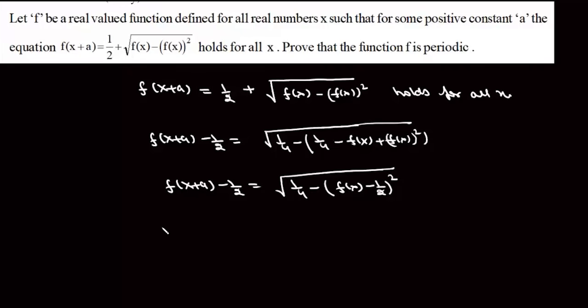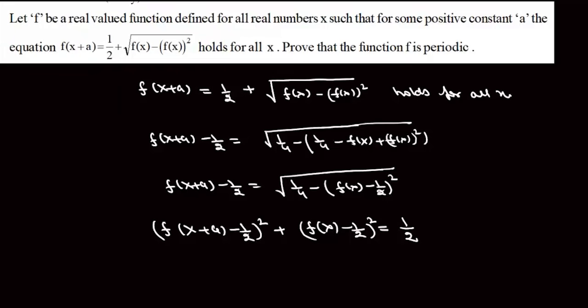Now we square it, we can write (f(x + a) - 1/2)² + (f(x) - 1/2)² will be equal to 1/4.